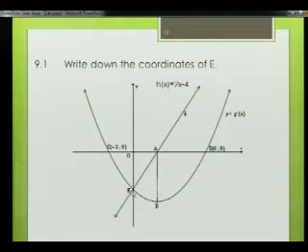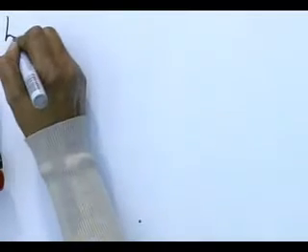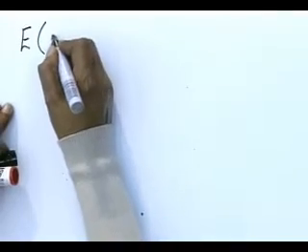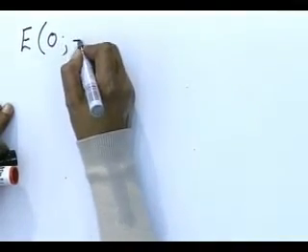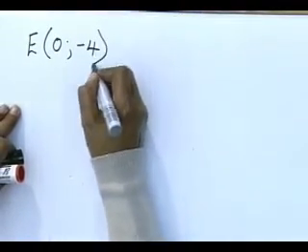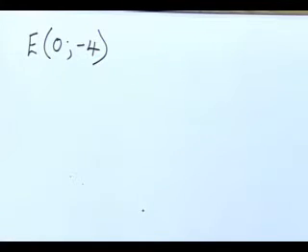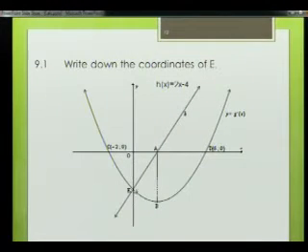Can you tell me what the coordinates of E are? Obviously, E is the y-intercept, so E will have the coordinates (0, minus 4). That's the c value of the line that I can bring in there.